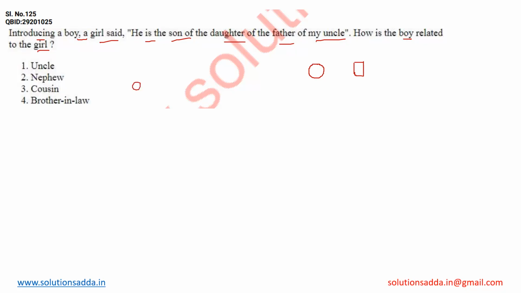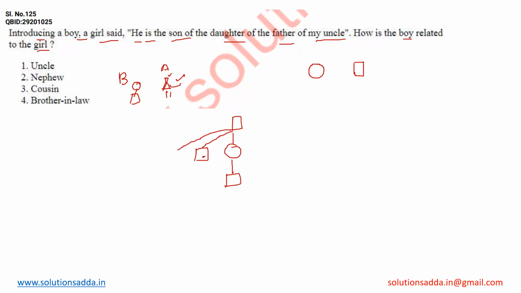There is a boy and a girl in this question, and the girl is talking about this person, let's name this person B and this girl is A. The girl said that person B is the son of the daughter of the father of my uncle. So there is another child, the uncle, and this girl is saying that this person is her uncle.